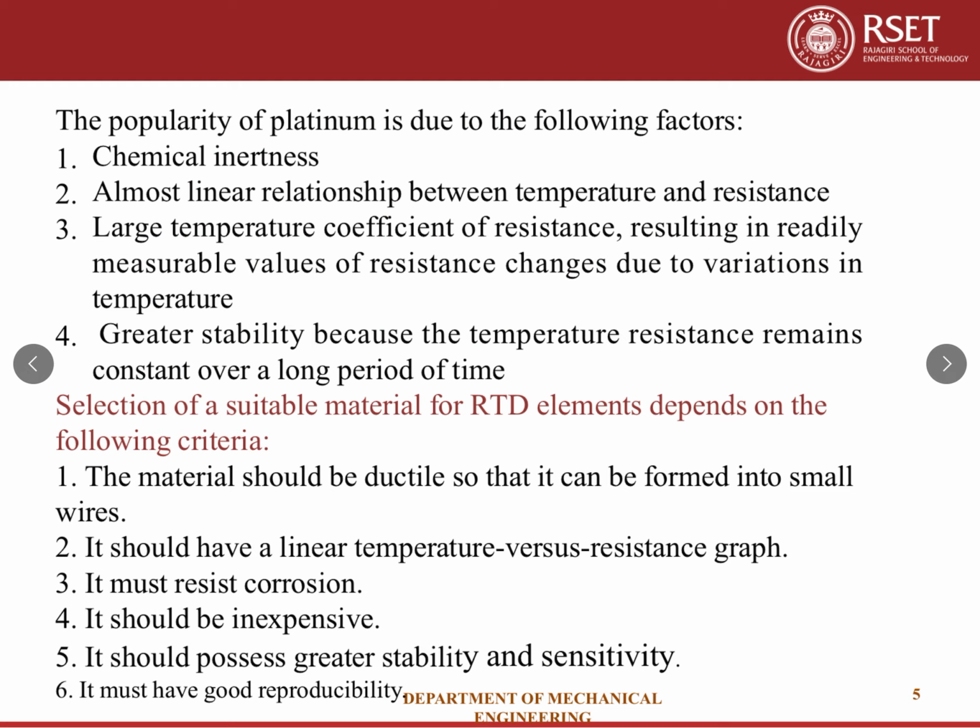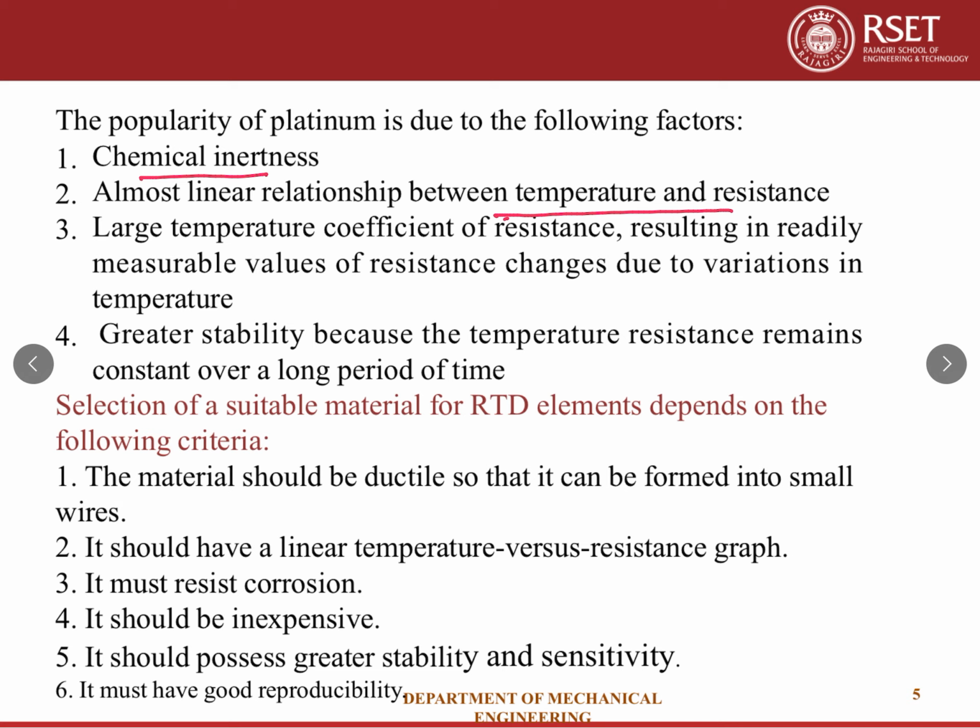The popularity of platinum is due to the following factors. Due to these factors, platinum is extensively used in resistance thermometers. One is chemical inertness; they are inert in nature. Almost linear relationship between temperature and resistance, that is, resistance is almost proportional to temperature.